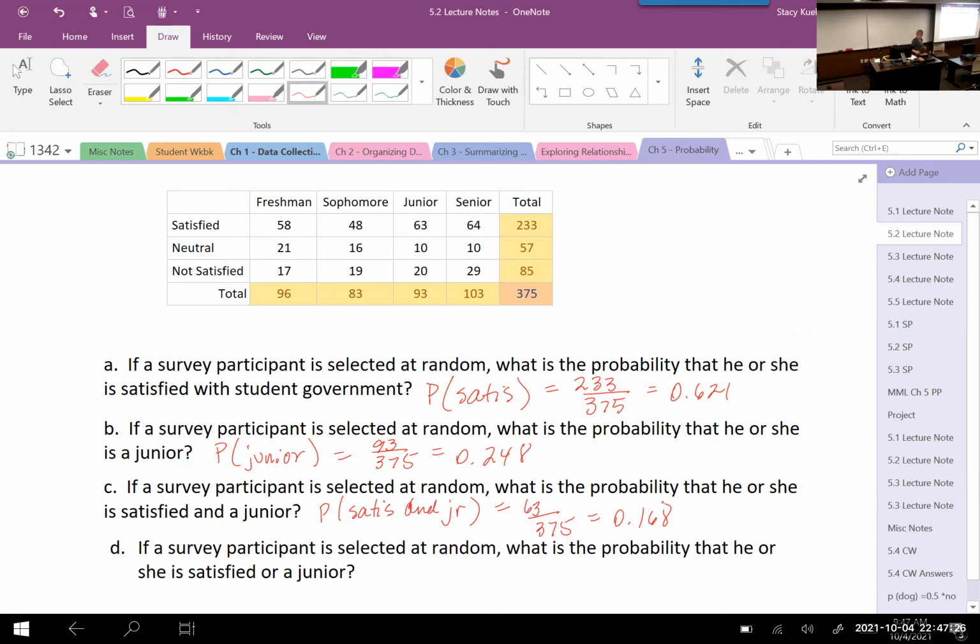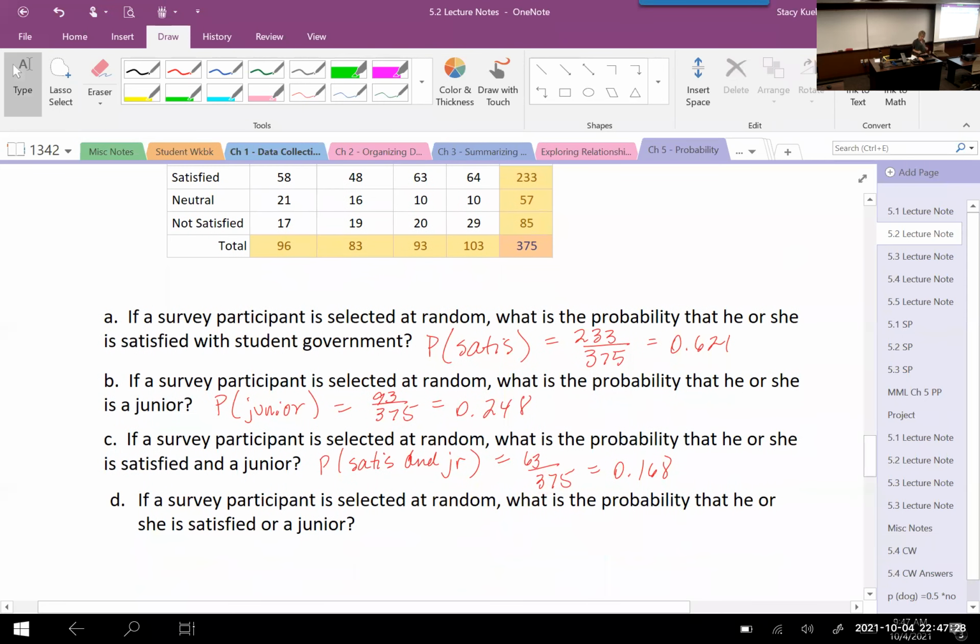So the last question says, what is the probability that you pick somebody at random, and that they are satisfied or a junior? Now is the time where you're looking at some sort of compound event. I can pick somebody who's satisfied, or I can pick somebody that's a junior, so I have two events going on.